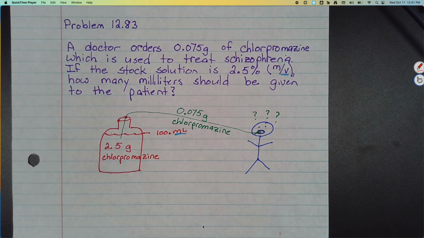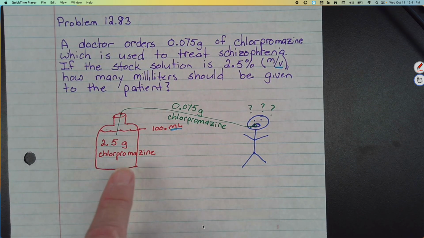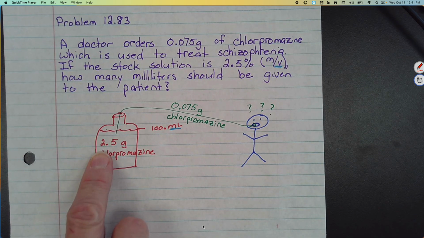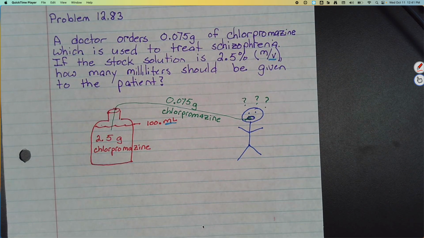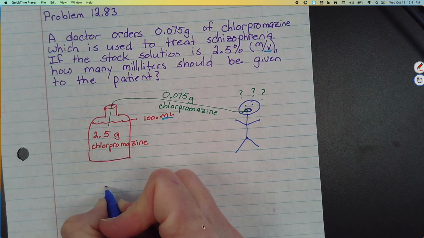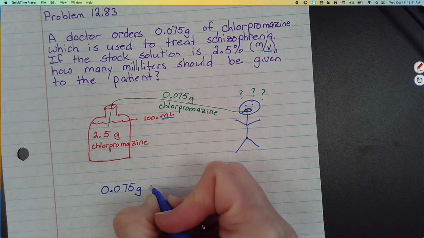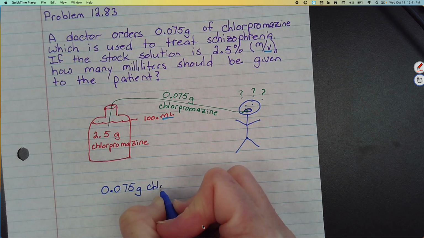We just got to figure out how many milliliters of this to give to the patient. And obviously not the whole bottle, because that would be 2.5 grams, and that is way, way, way more medication than the doctor says that this poor person needs. So we do not want to over-medicate our patient. So the patient needs 0.075 grams of this stuff.